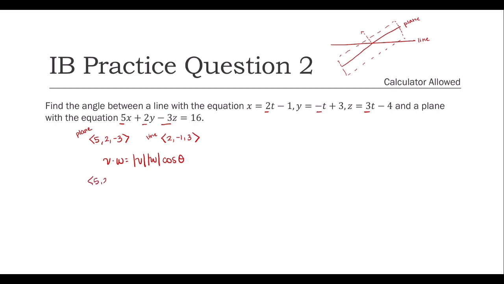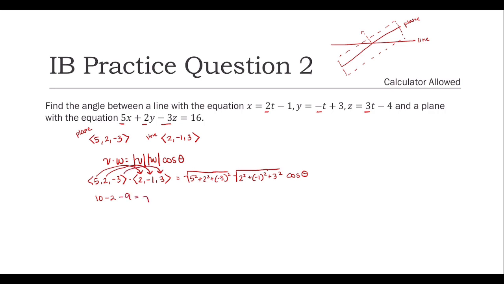So we have 5, 2, -3 dot 2, -1, 3 equals the square root of 5 squared plus 2 squared plus -3 squared times the square root of 2 squared plus -1 squared plus 3 squared times our cosine of theta. So 5 times 2 is 10, 2 times -1 is -2, and -3 times 3 is -9.